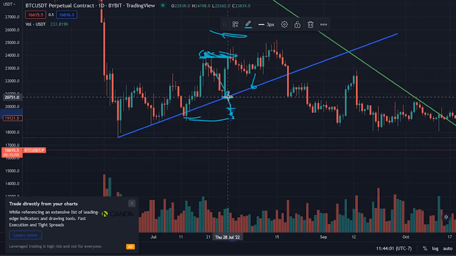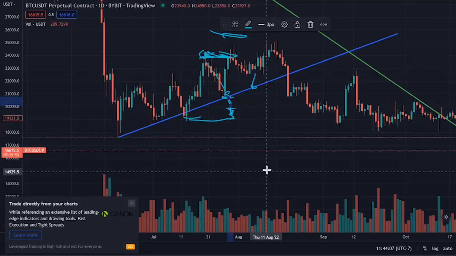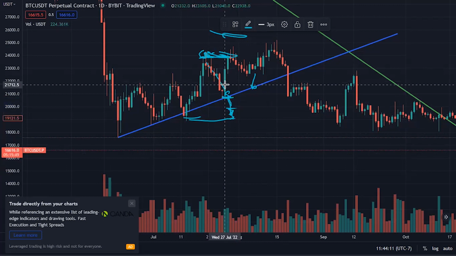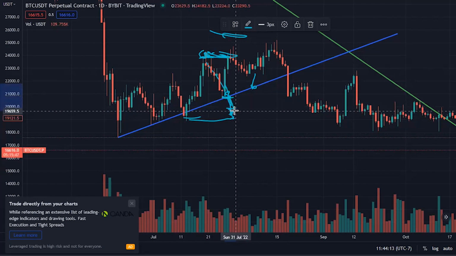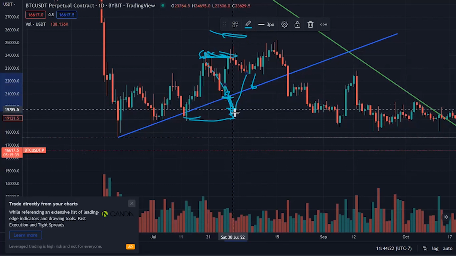Because the moment the price breaks a trend line, the expectation is that it's going to continue dropping lower. But sometimes, even though the price comes out of the trend line and breaks out, it ends up breaking back in. If it ends up breaking back in, this makes the breakout a false breakout.